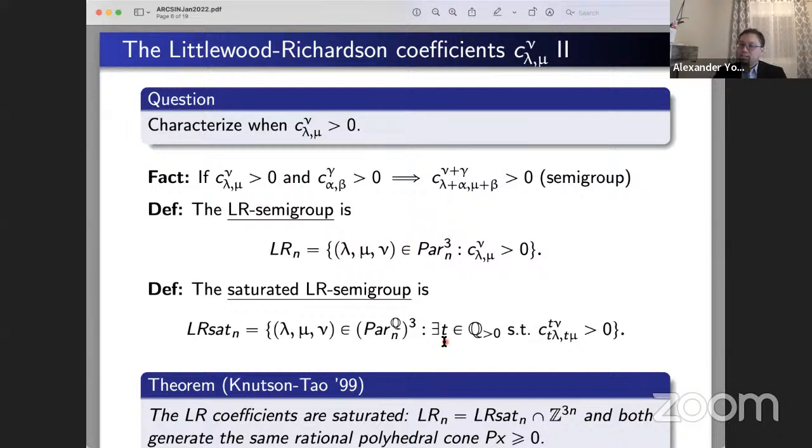A theorem of Knutson and Tao from last millennium, I guess, is that the LR coefficients are saturated. That means that these things, which are lattice points, are exactly the lattice points of the rational polyhedral cone that's generated by these points. Rational polyhedral cone means that you have some matrix P with rational coefficients, and that these vectors are exactly the solutions to this inequality.